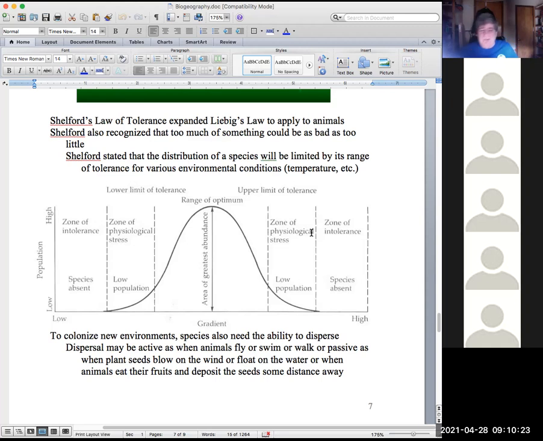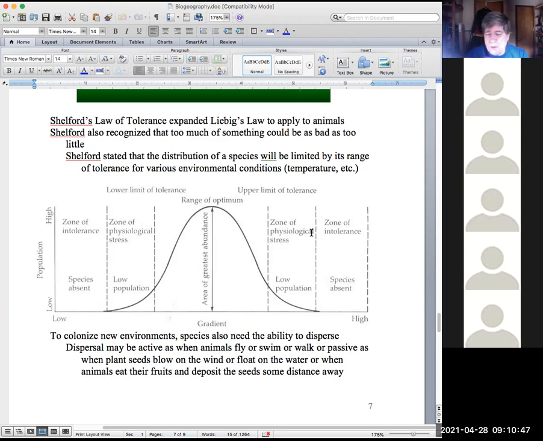And similarly, if you're in a room where the temperature is 65 degrees, that's below the thermoneutral range for most people, so your body has to start physiologically working hard to warm you up. So that's why this is the zone of physiological stress.